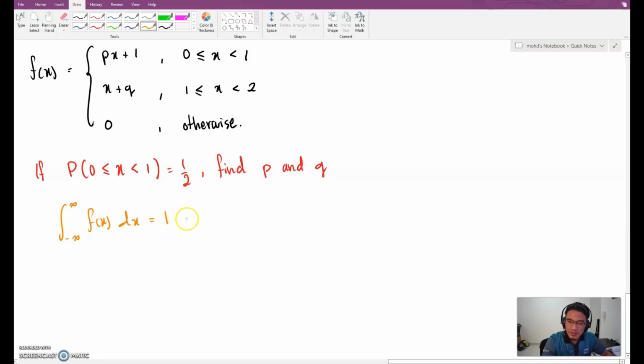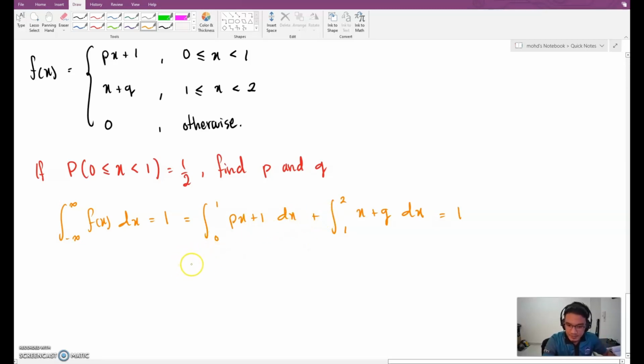This part will be equal to the integral from 0 to 1 of px plus 1 dx, plus the integral from 1 to 2 of x plus q dx, and it will be equal to 1. This is the second equation.